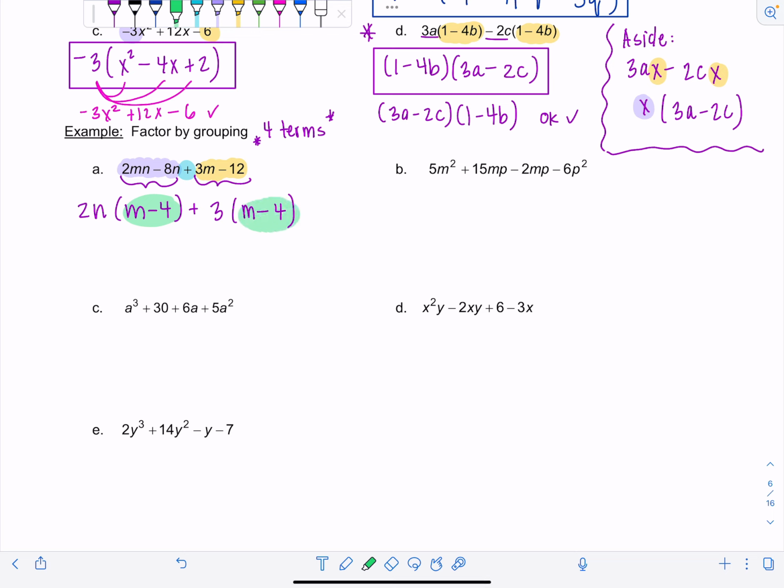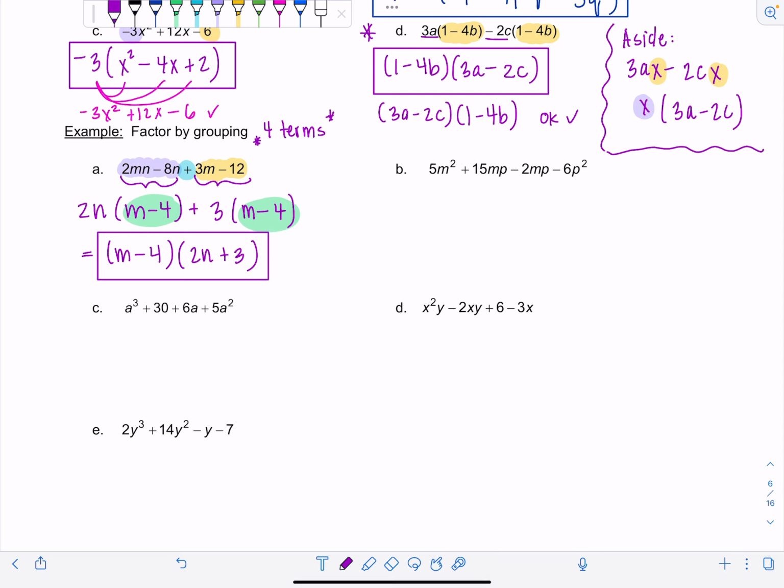And if they do, then we can successfully continue with our factoring by grouping. Take out that common factor, m minus 4. You only write it once. And then we're left with, please be careful, we're left with 2n plus 3. And that's it. Okay. Good.